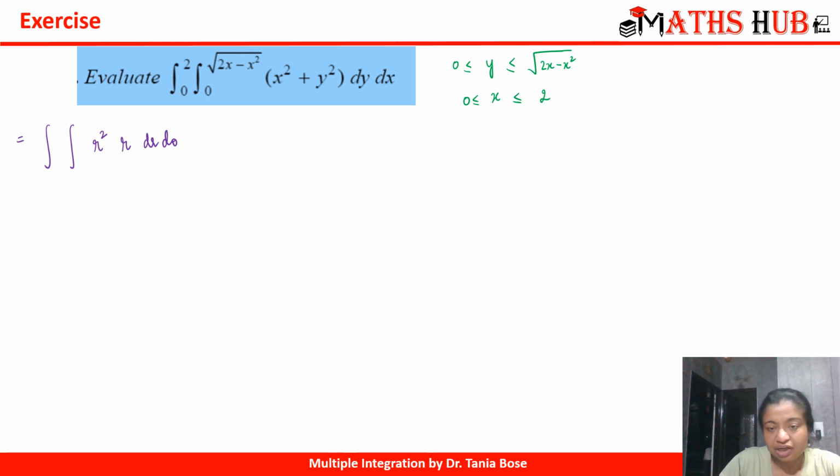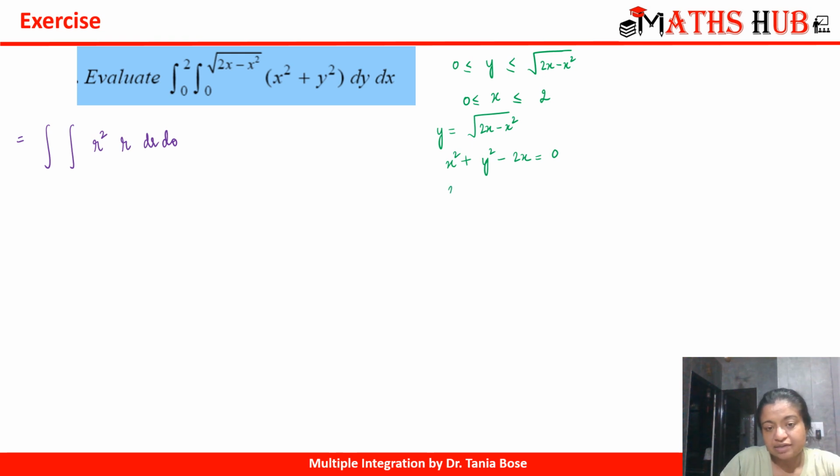So let us try to figure out what type of curves these are. We forget all the inequalities first and take the equalities. So y is equal to the root of 2x minus x square. Let us square it up. We get the equation x square plus y square minus 2x is equal to 0. Let me complete the squares of x.